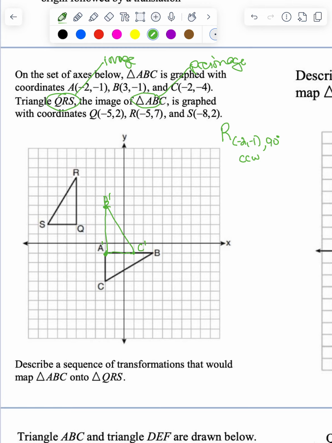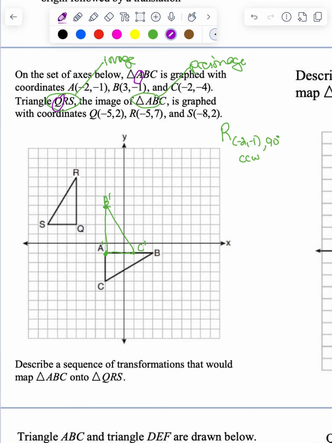Okay. And the orientation is still not the way that we want it. So I'm going to do a reflection so that A can match onto S. Wait, sorry. A needs to match onto Q. So when it flips, I need A to match onto Q, I need C to match onto S, and I need B to match onto R. And I need them facing the same way.